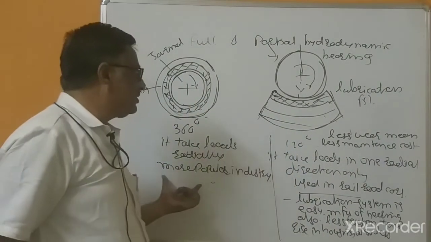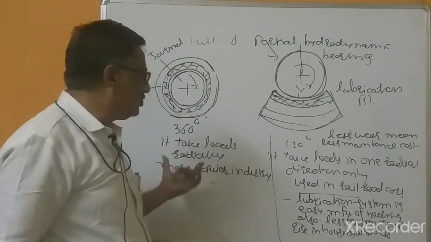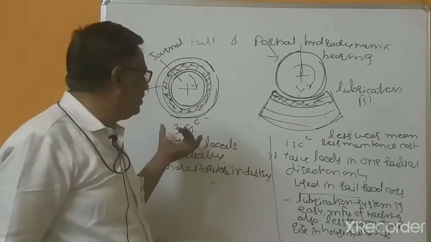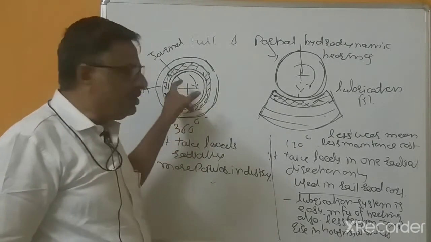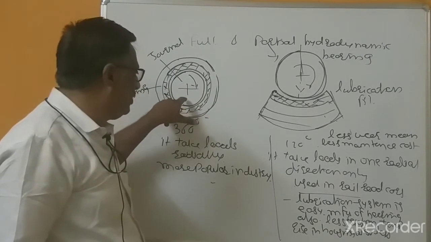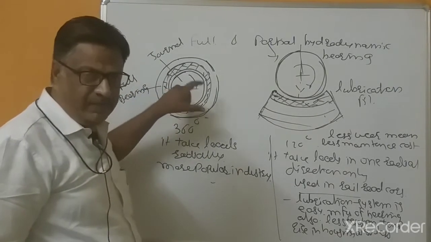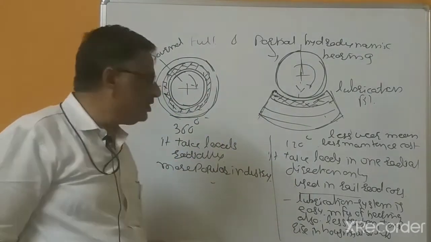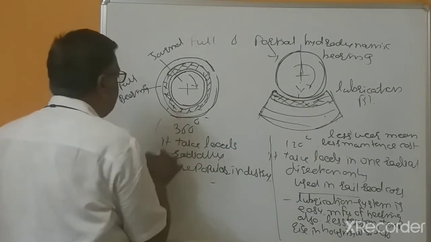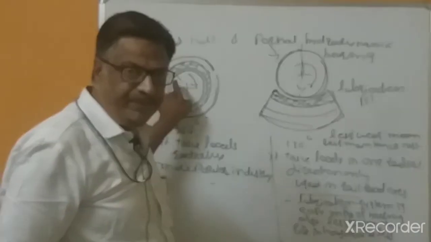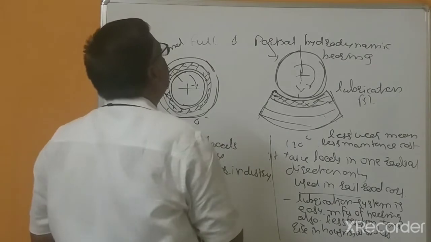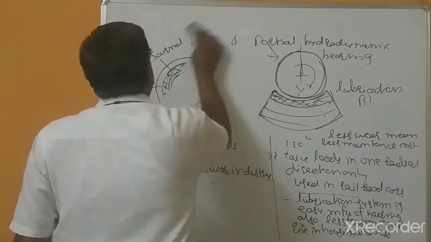There is more wear because of more friction, so more maintenance cost, and because of more friction, the temperature rise in the oil is more. The same oil is circulating again and again, so the temperature rise is more in the full bearings. So these are the two types of hydrodynamic bearings.